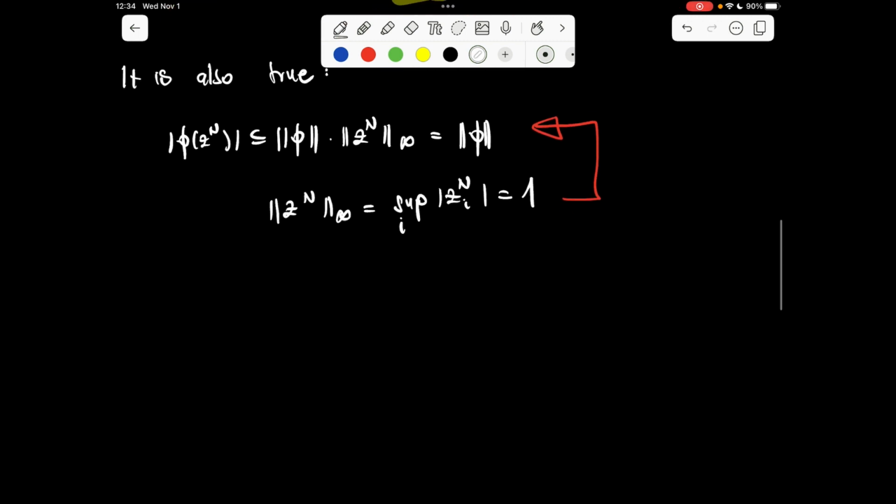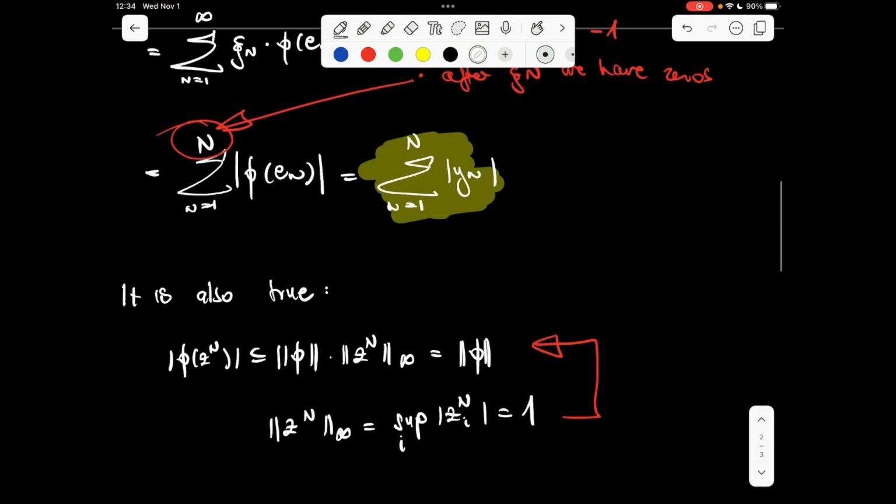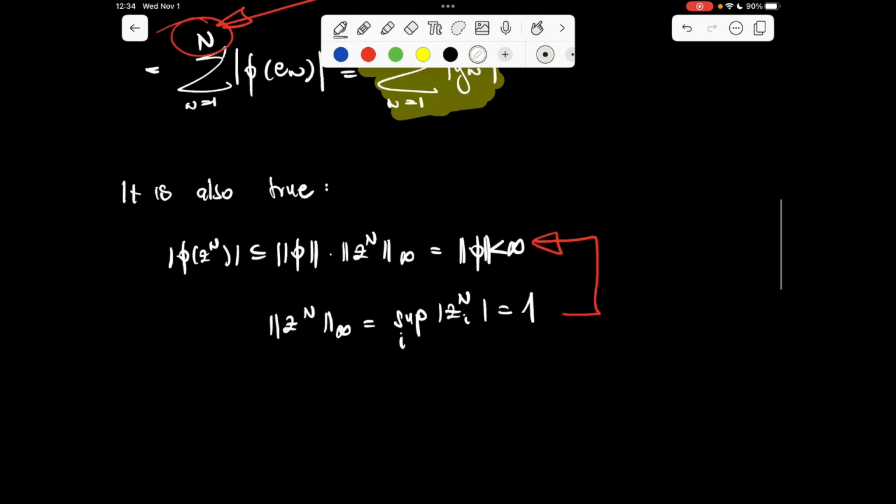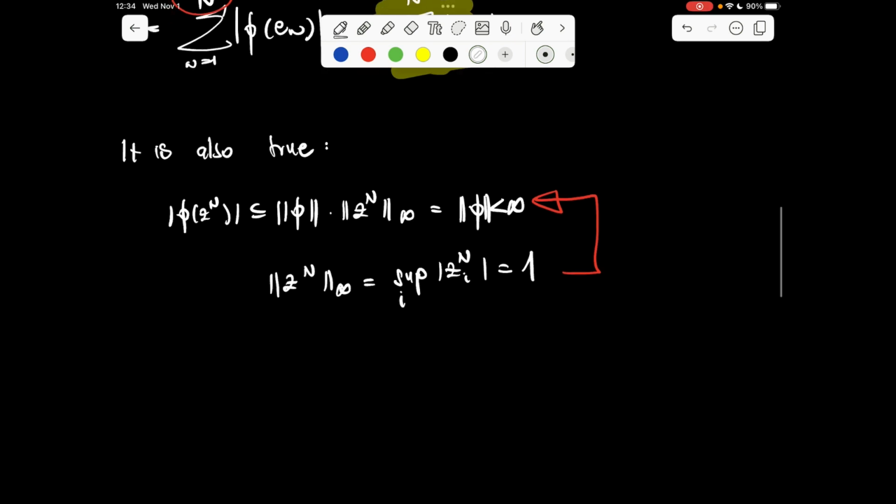All right. And so this is 2. And we also know that this is finite because phi is a bounded continuous linear functional.